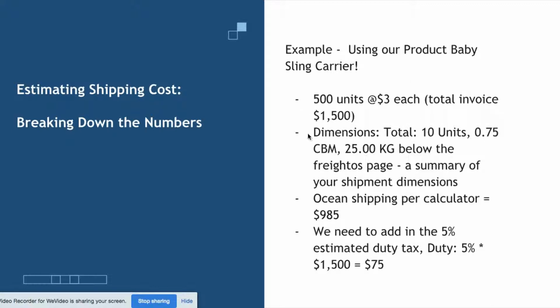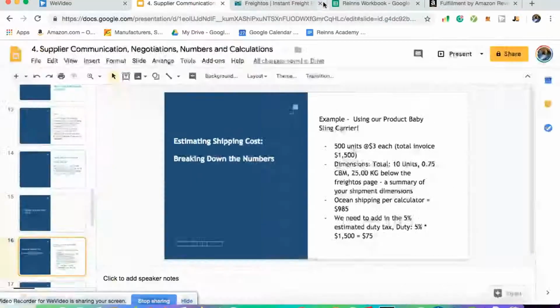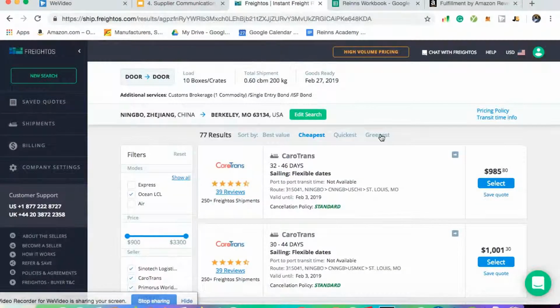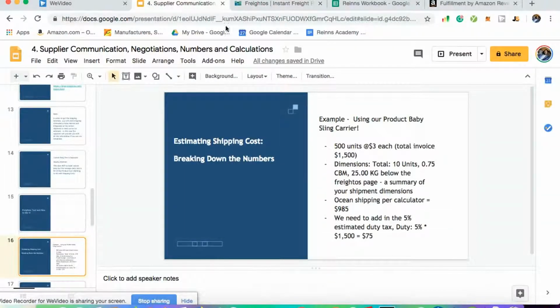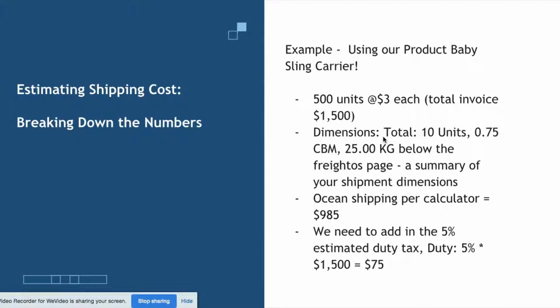Now the dimensions, remember, we've been given these by the suppliers, and we put all those dimensions into the Freightos tool. And Freightos told us that to ship goods with those dimensions and that weight, which is 20 kilograms, it's going to cost us 985.